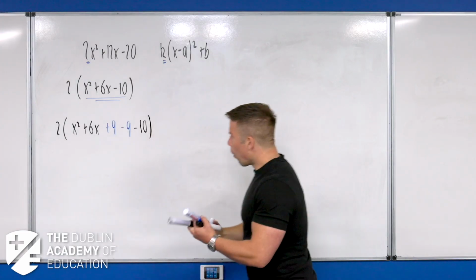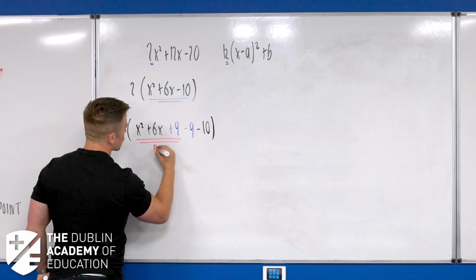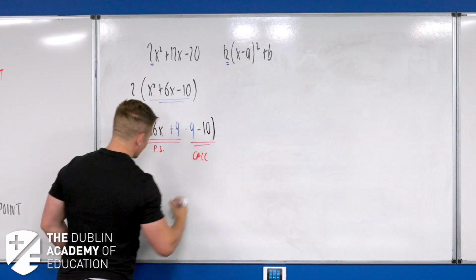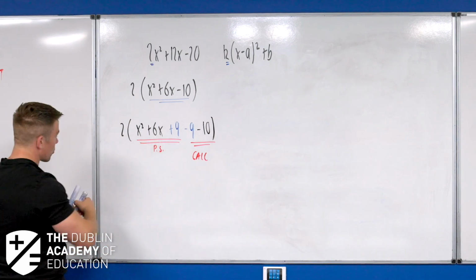Brilliant. Underneath that, we now know that these 3 things are always going to be a perfect square, and this will just go into our calculator. Fine. Even though I can factorize that, I'm going to take the shortcut here.